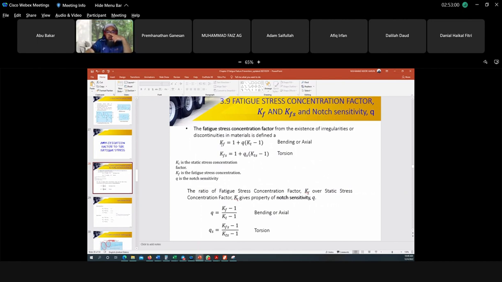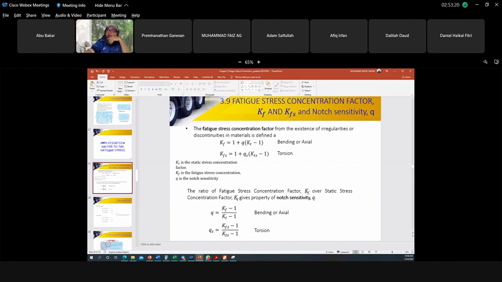If the problem doesn't mention any, or the pictures show the shaft has no discontinuities, stress concentration, you no need to use Kf.